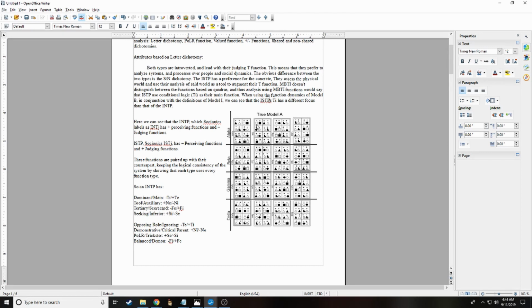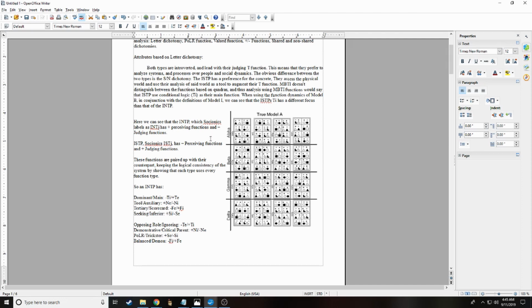For the INTJ, their most dominant block is their T functions. They lead with a negative TI that's paired up with positive TE. And on that, they have positive NE that's paired up with negative NI. So INTP, positive NE, negative NI, negative TI, positive TE.